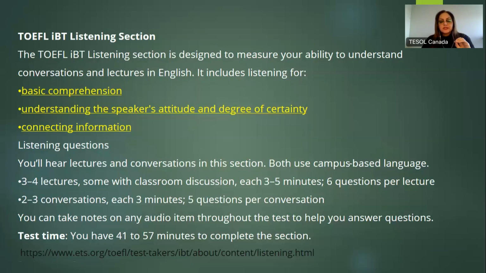Each lasts 3 to 5 minutes, with 6 questions per lecture. There are 2 to 3 conversations, each lasting 3 minutes, with 5 questions per conversation. You can take notes on any audio item to help you answer the questions. And you have 41 to 75 minutes to complete this section.